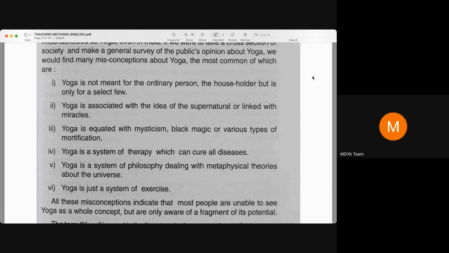And now, that yoga is a system of philosophy dealing with metaphysical theories about the universe is also a misconception. You may say it is a philosophy, and it may connect you to the universal, the supreme energy, the universal soul, connecting the individual soul to the universal soul.